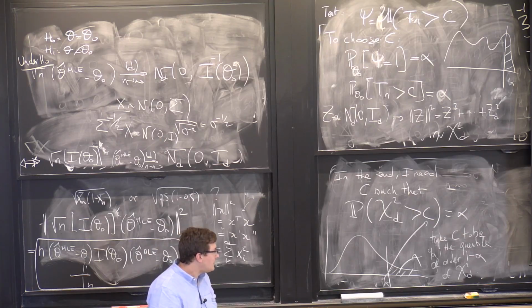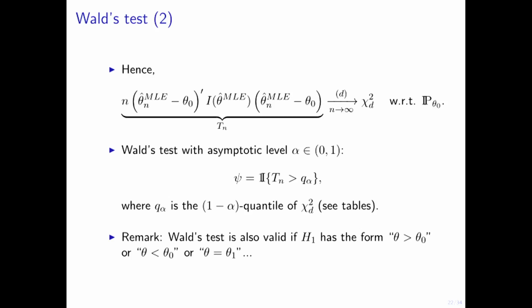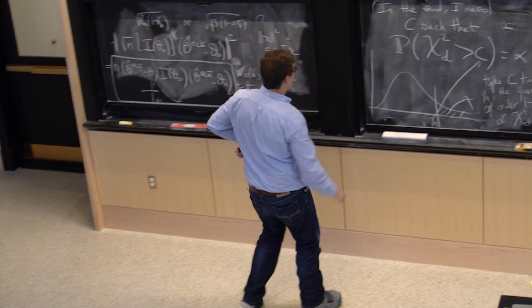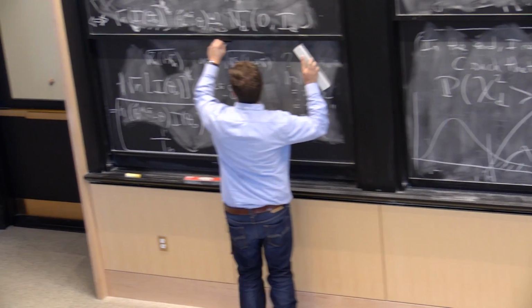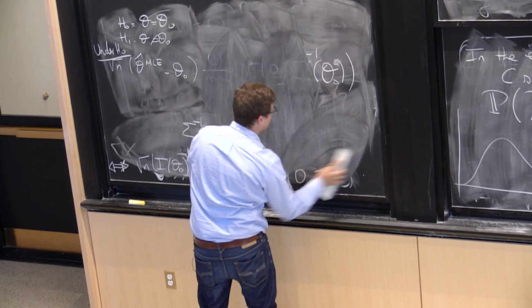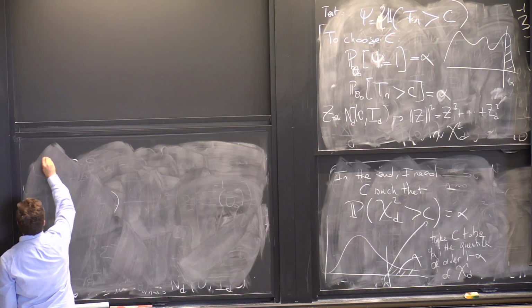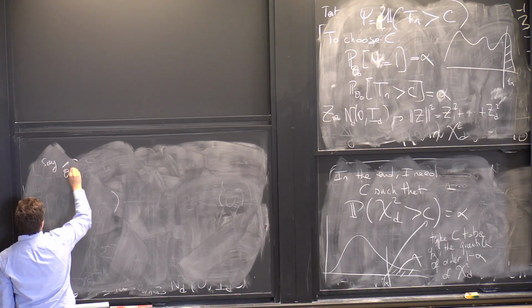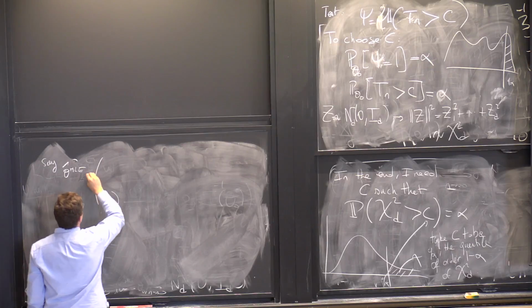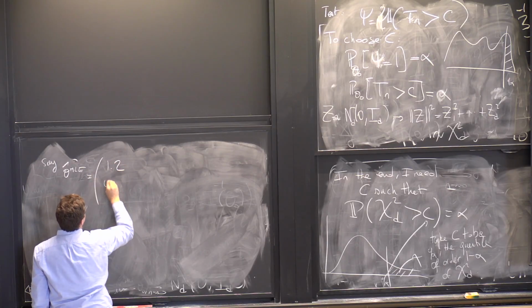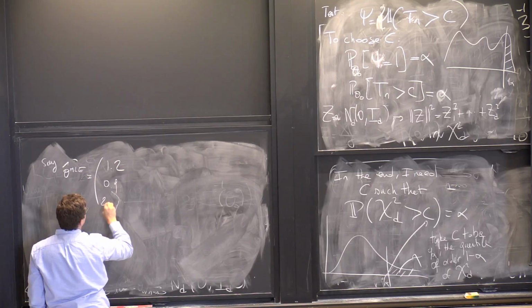Okay, so what is this thing doing? If you did not know anything about statistics, and I told you here's a vector, that's the MLE vector, theta hat MLE, and let's say this theta hat MLE takes values, say, 1.2, 0.9, and 2.1.